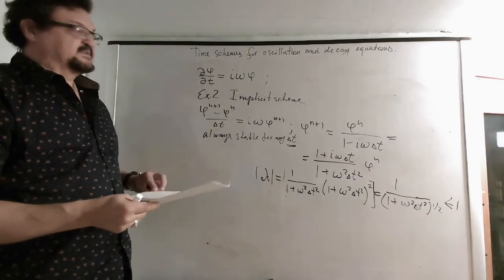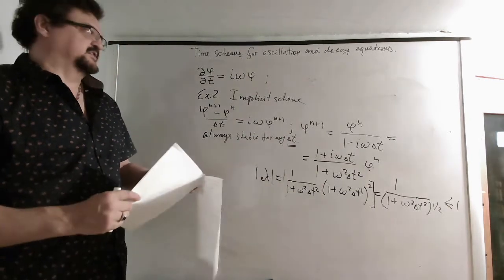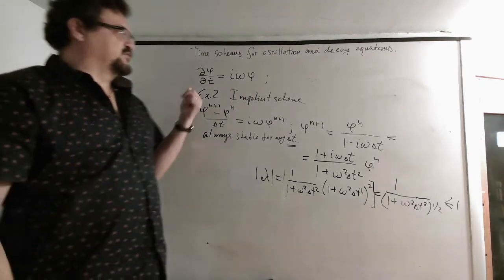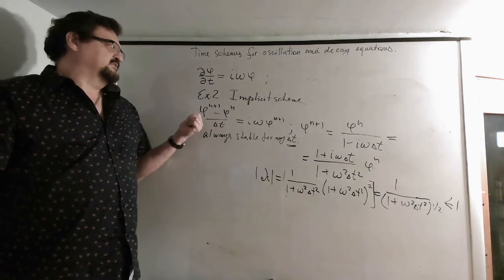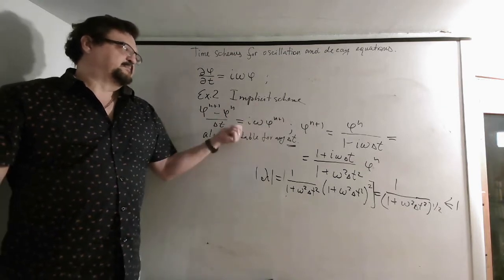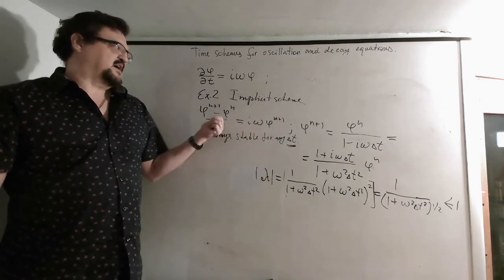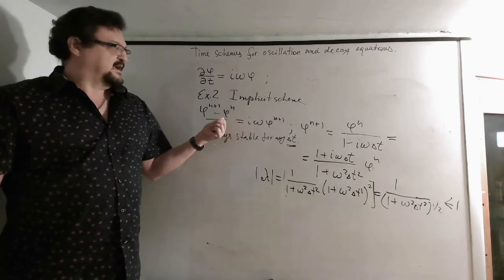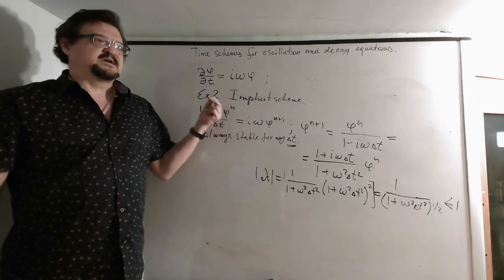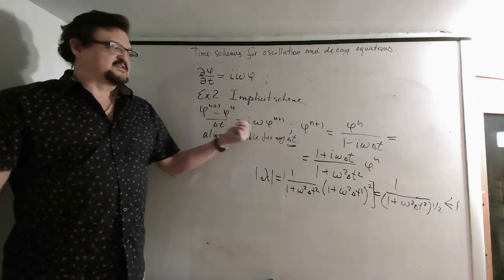So the implicit scheme is a scheme to use for oscillation equations. Actually, even if we use an implicit term here and other terms are explicit, like some advection term, diffusion term, we can still use implicit here.